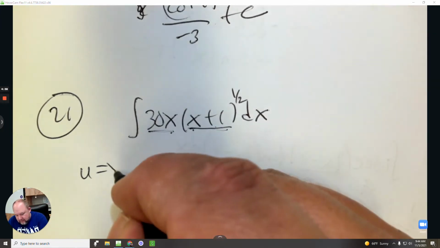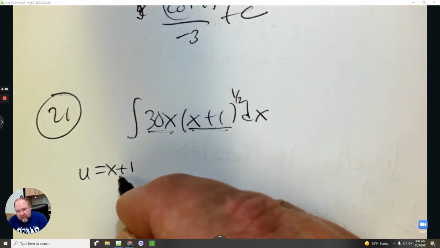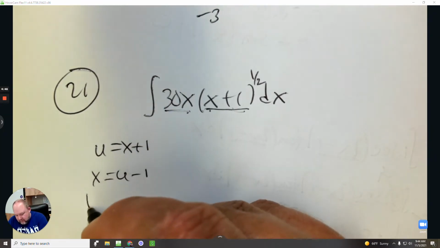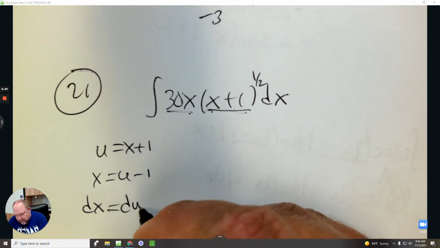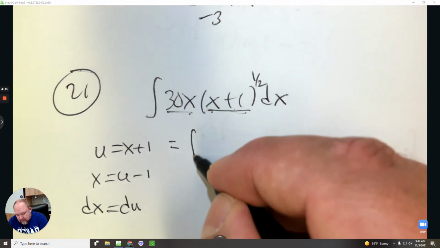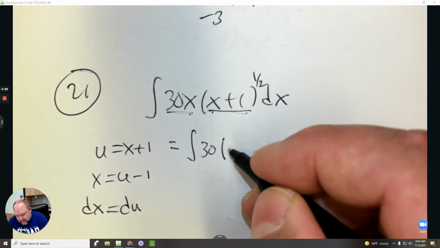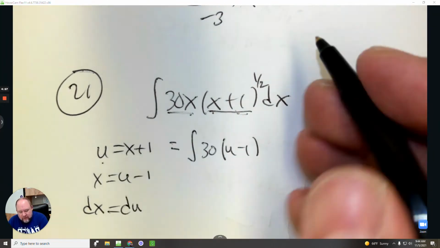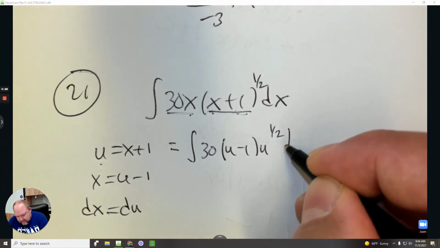U is going to be x plus 1. Subtract 1, x is equal to u minus 1. And then take the derivative of x, the derivative of u, the derivative of negative 1 is 0, and then do a substitution. So x is u minus 1, x plus 1 is u, and dx is du.